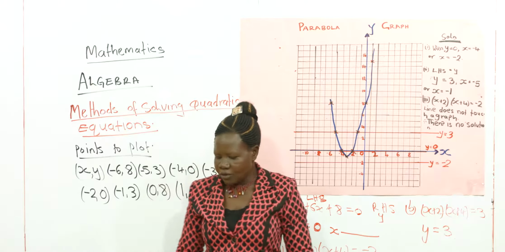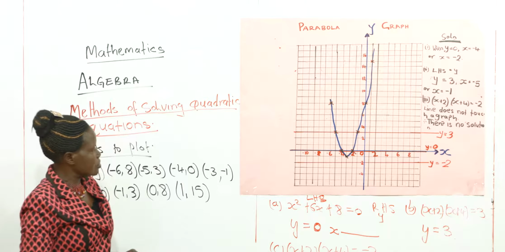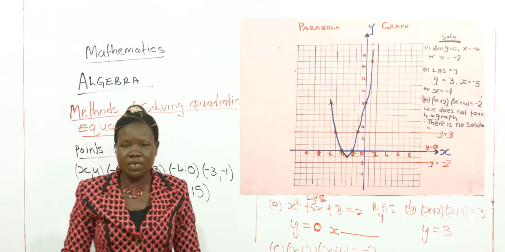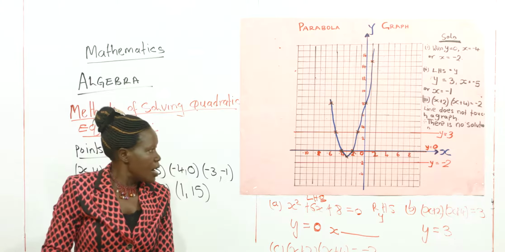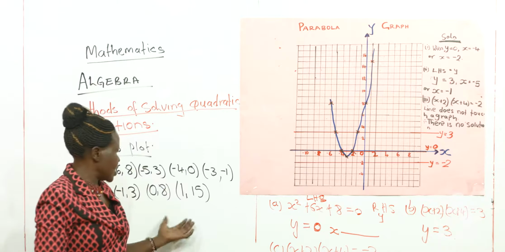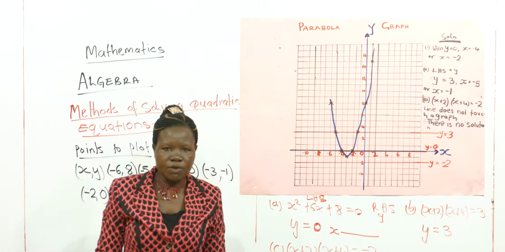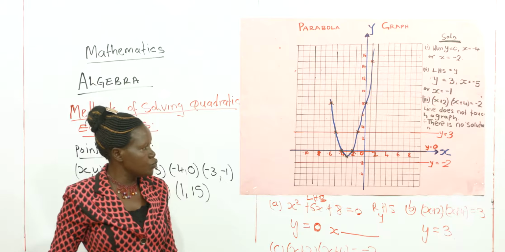Dear learners, I hope you have followed and understood, and that you have picked up something on how to use the graph in solving a quadratic equation. Lastly, I summarize: when you are using a graph, first you identify the equation so that you are able to draw a table of values. After the table of values, identify the values of x and y, and then you draw.